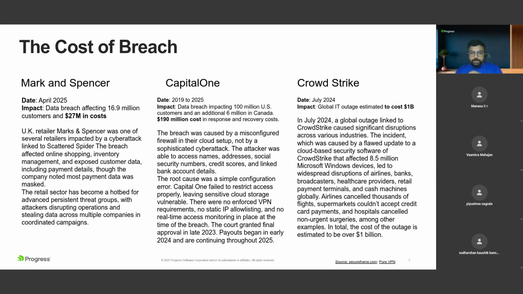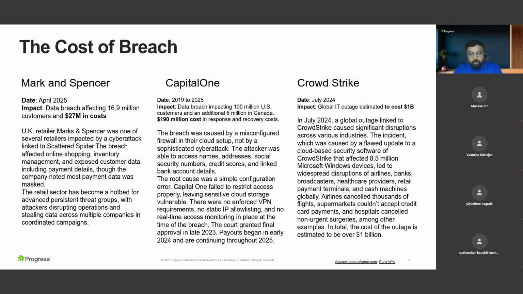We have also seen Capital One's breach that lasted actually 6 years, from 2019 to 2025, and it impacted 106 million customers, costing $190 million in value, and it occurred due to a misconfigured cloud firewall exposing sensitive personal data.